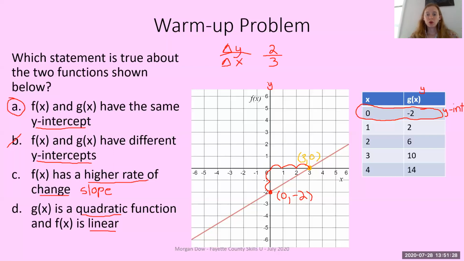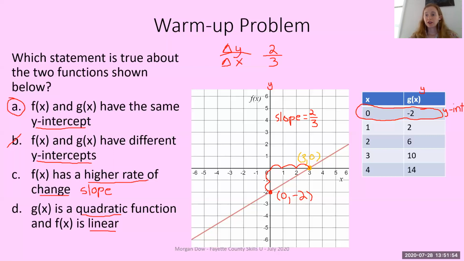So my slope for f of x is 2 to 3, or 2/3. Two-thirds. And remember, the larger the number is for the slope, the steeper the line.